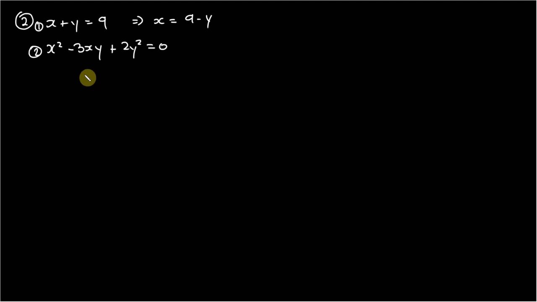So we'll have 9y squared, because I'm substituting in for x, minus 3y times 9 minus y plus 2y squared equals 0.